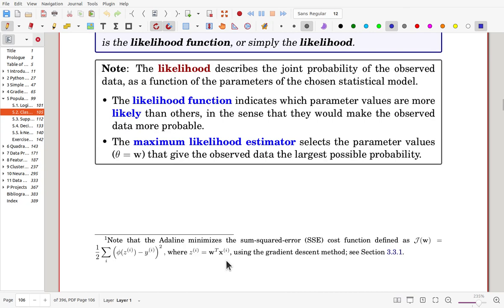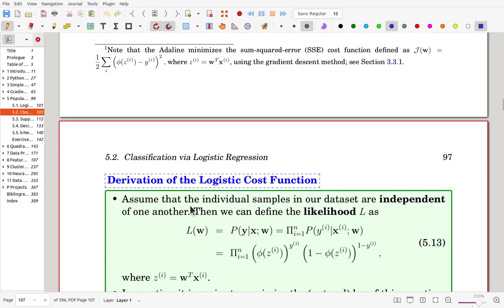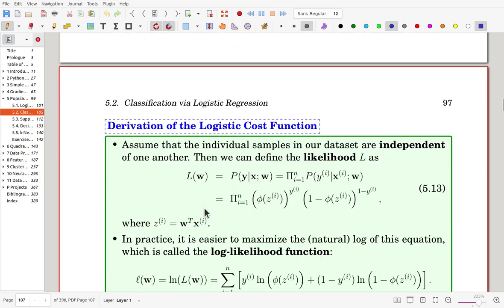Here we'll derive the logistic cost function. We start with the assumption that the individual samples in the data are independent of one another. Then we can define the likelihood in this way as a product of the probability from each sample.